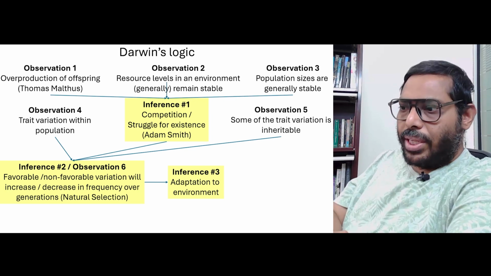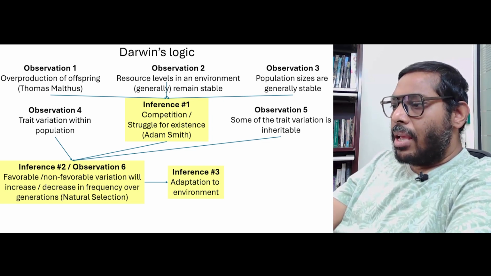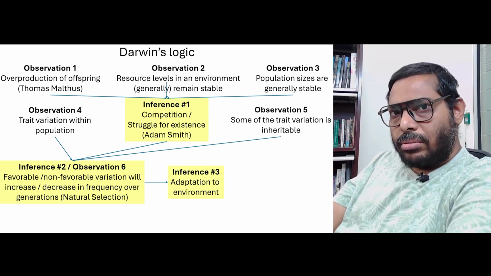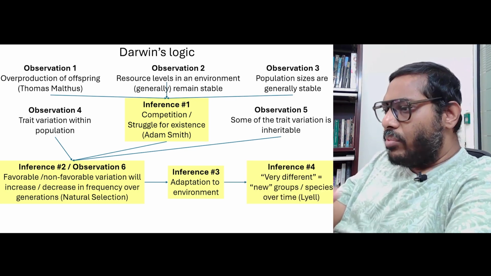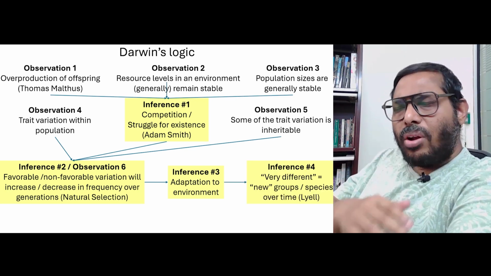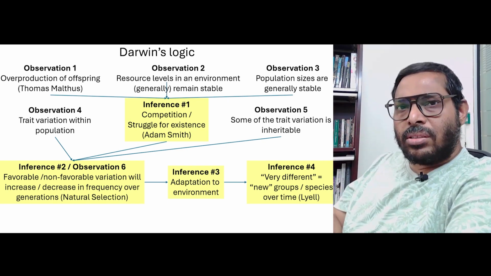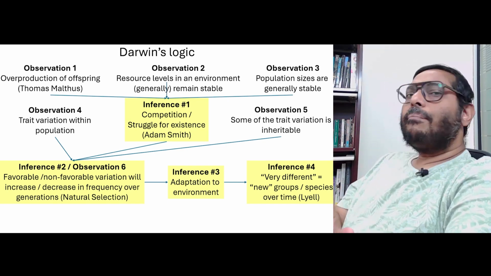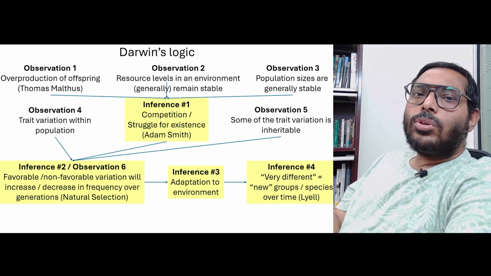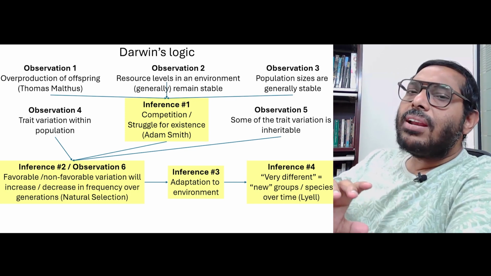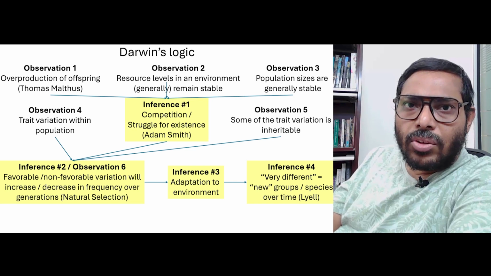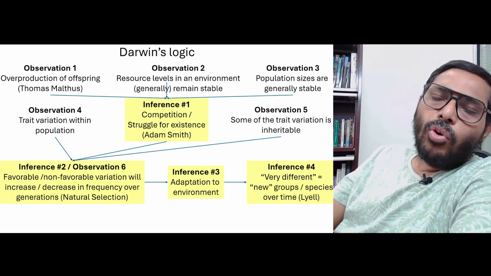But Darwin did not stop there. He said that if this process, which he said is going to be a very slow process, continues for many generations, what will happen? At some point we are going to get a bunch of organisms which have a very different set of characters or which look very different from what they started.